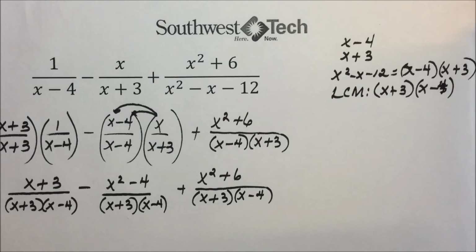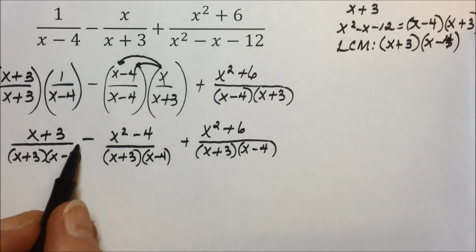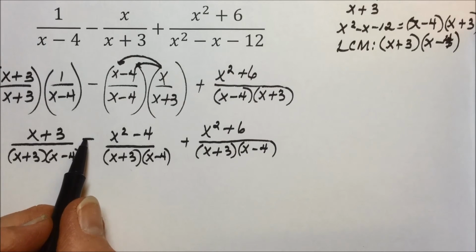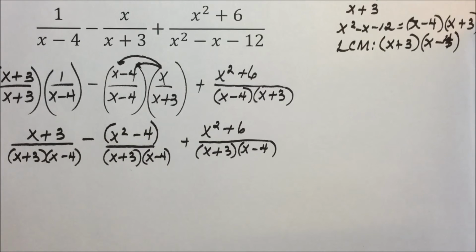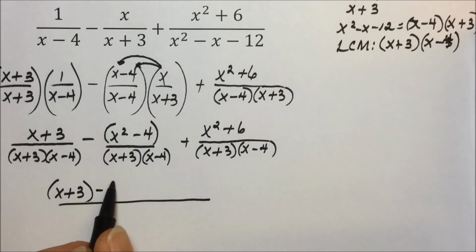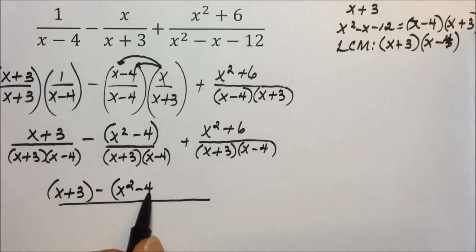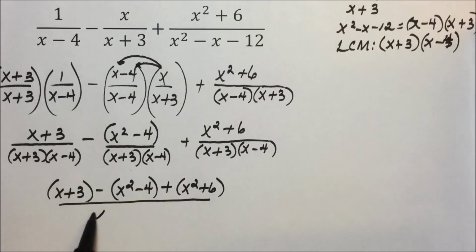Because we now have our common denominator, we can combine our numerators. And being careful, when we do this, it's not only subtract the first term, it's actually subtract this whole numerator. Because they're all common denominators, we'll do the indicated operation. We're going to take x plus 3 minus the quantity x squared minus 4 plus the quantity x squared plus 6 all over the common denominator of x plus 3 times x minus 4.